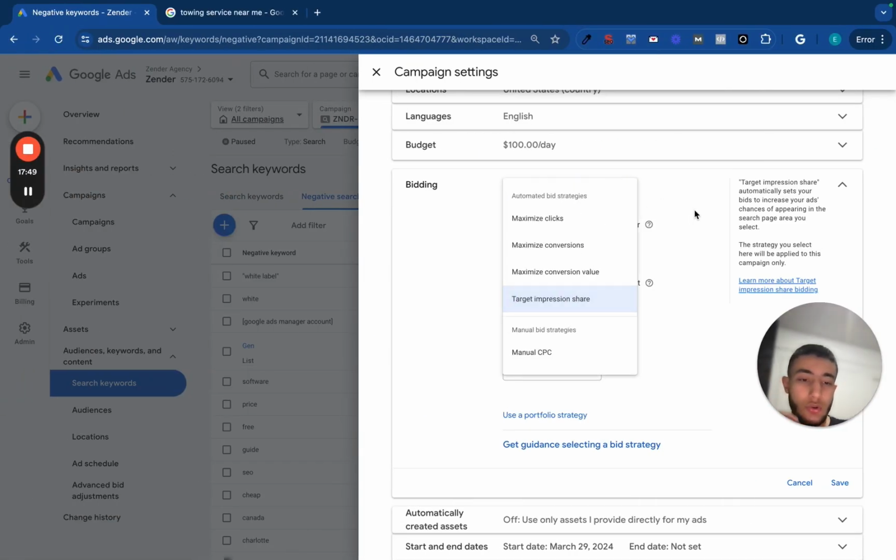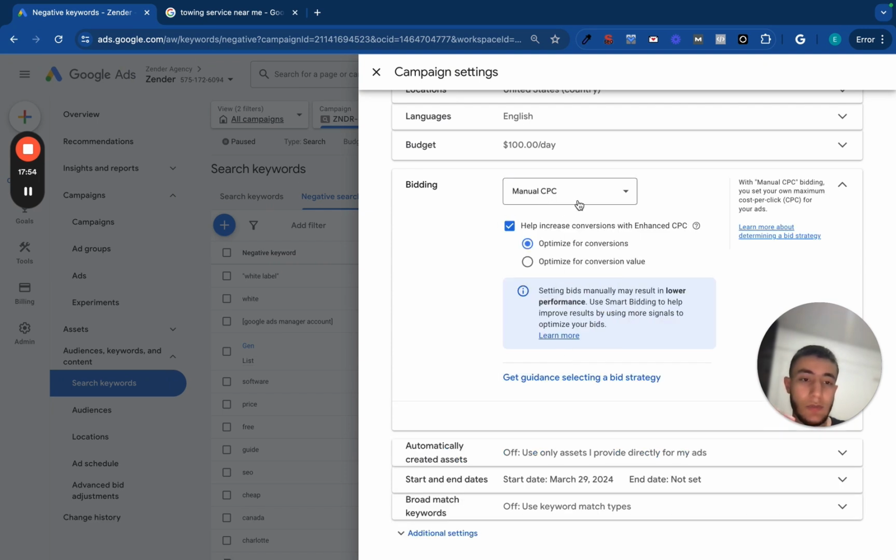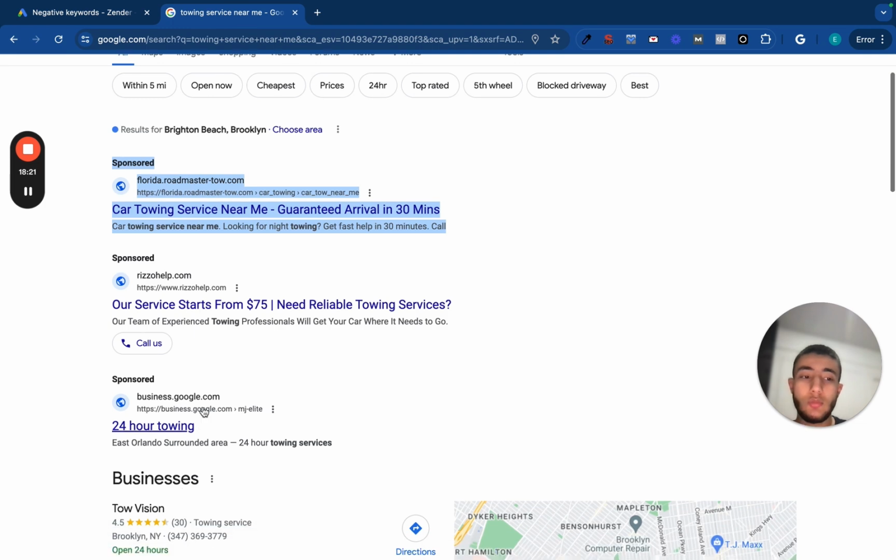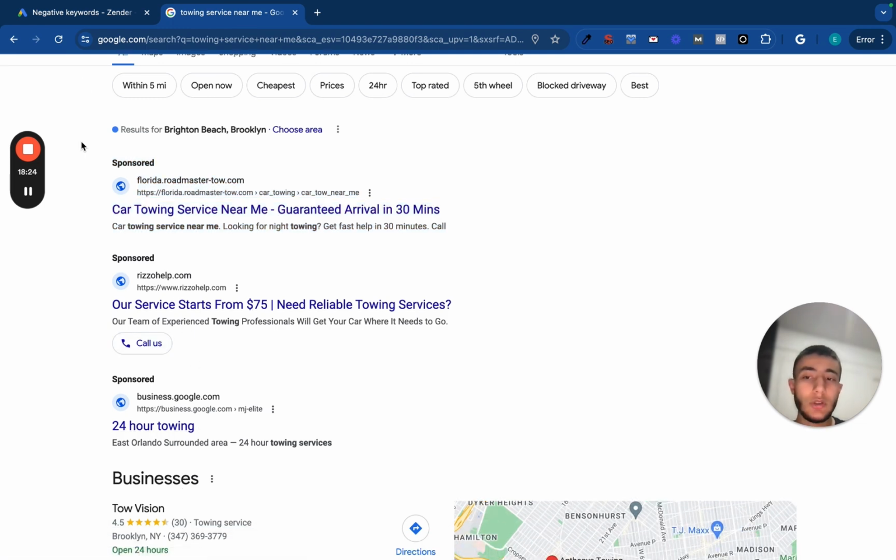To use manual CPC, just go over here and choose manual CPC. There are two types of manual CPC: enhanced CPC and manual CPC. The plain manual CPC is going to have the cost per click set firmly. So if you're setting a maximum click amount, for example $20, and the placements in the Google Ads cost you more than $20, it will not show your ad.